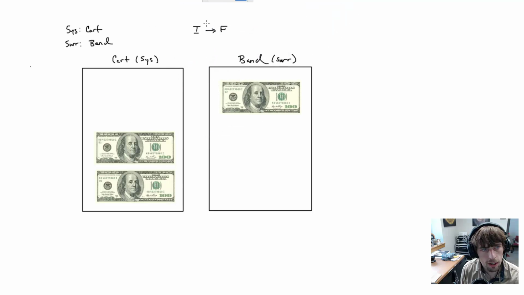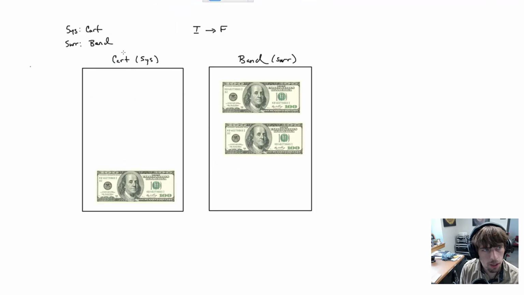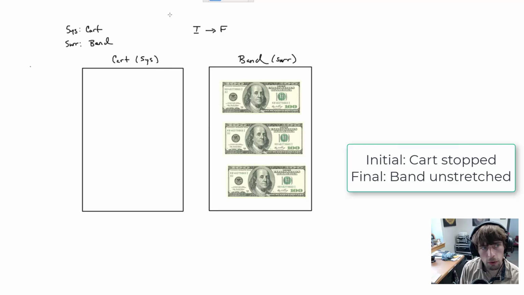So say it begins contact, okay, it's transferring some money, and then later on it transfers a little bit more, and later on a little bit more. So as this collision process goes on, it continually transfers more and more money from its own bank account, the system, into the surroundings during that collision process. Now, of course, in the latter half of the collision process, say if you chose a different set of initial and final states, the band actually transfers it back.